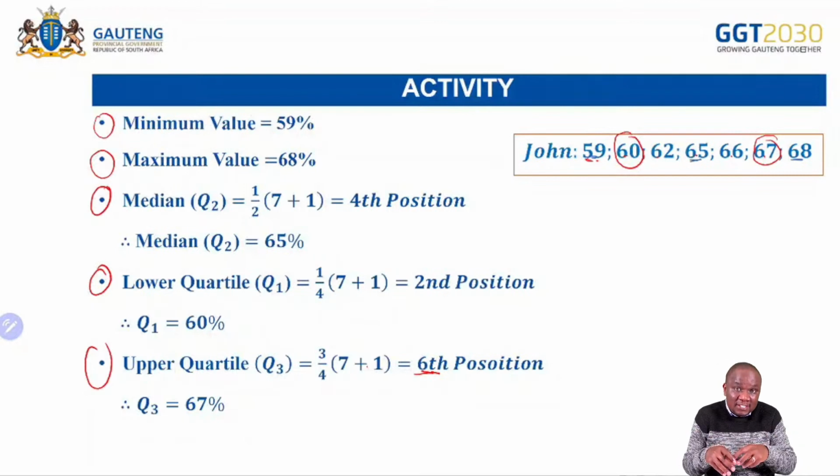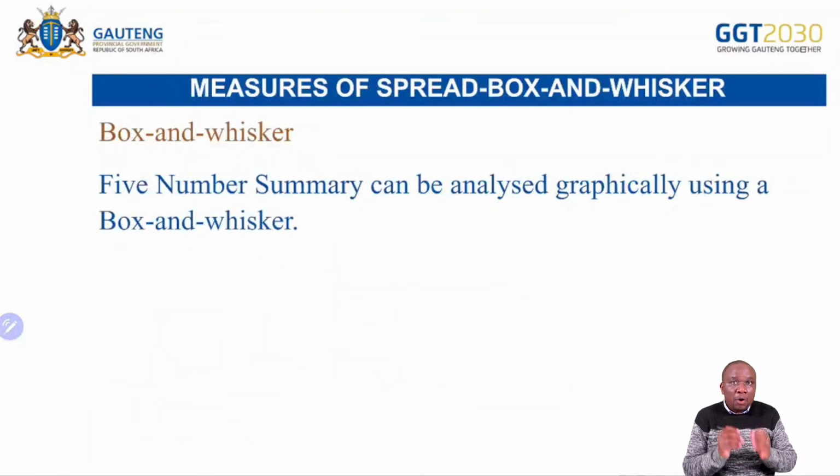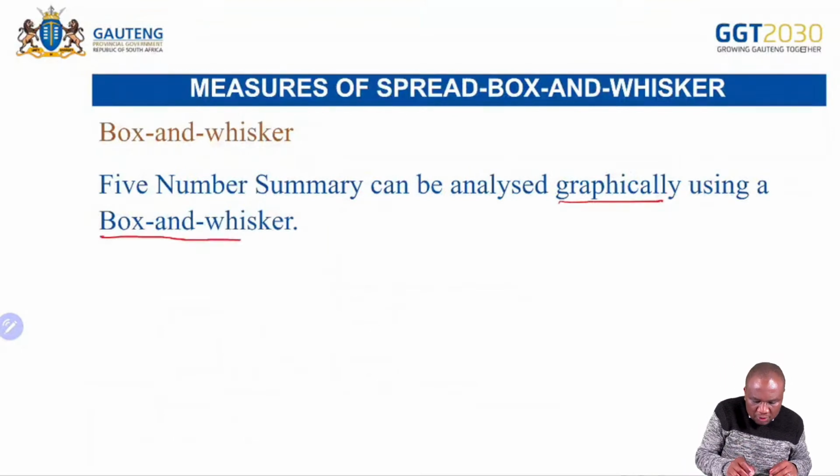Now, it's represented using a diagram. The name itself, box and whisker, is guiding you. We have a box and whiskers.